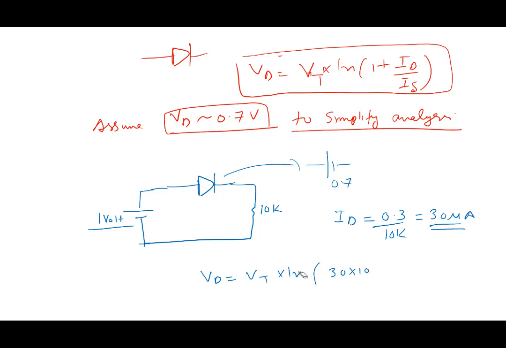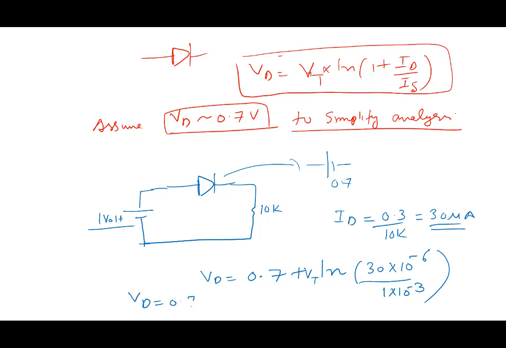The diode voltage is going to be 0.7 plus VT ln of 30 microamperes by 1 milliampere, because 0.7 was at 1 milliampere here. So it turns out to be VD equal to 0.7 plus VT ln of 30 times 10 power minus 6 divided by 10 power minus 3. How much does that value come out to be?